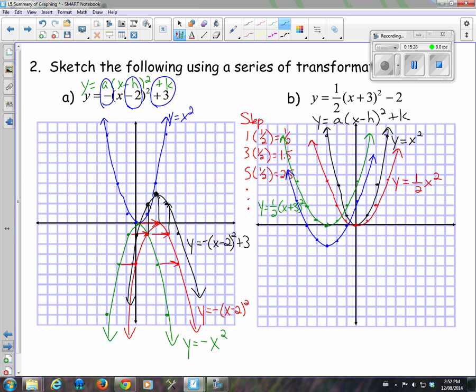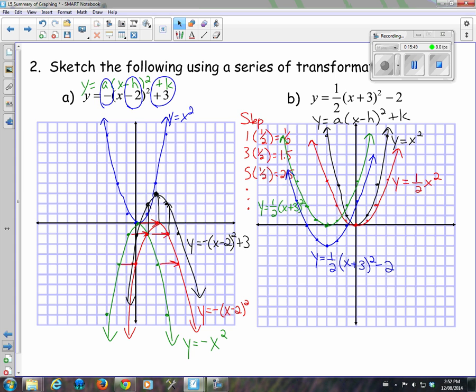And I join them up with a nice smooth curve, and there is the finished product. I've taken that crazy looking equation and I've graphed each number, each step, and come up with the end result. So that's graphing using a series of transformations.